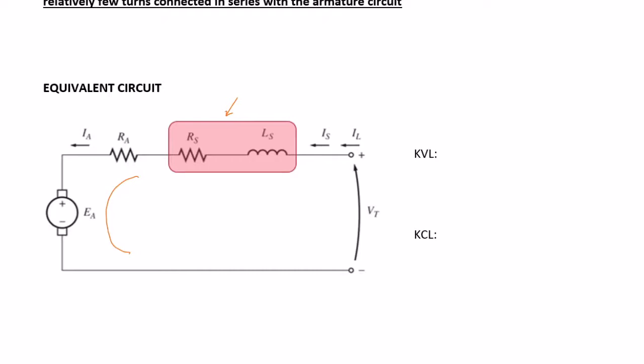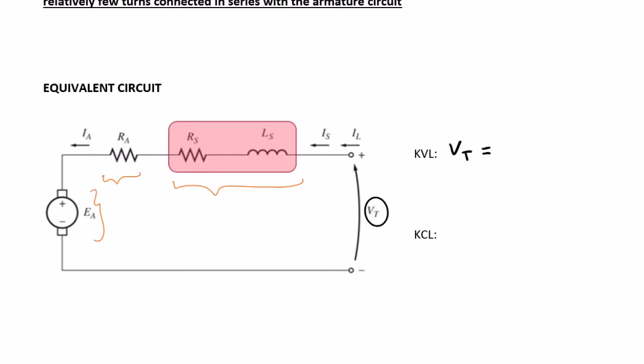So by using this equivalent circuit, we can derive the equations that we can use to analyze this motor. From the KVL, we can see that Vt equals the voltage drop across the series winding, and then the voltage drop across Ra, the armature resistance, and then plus this voltage Ea.